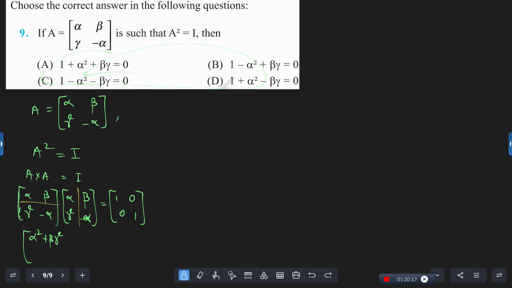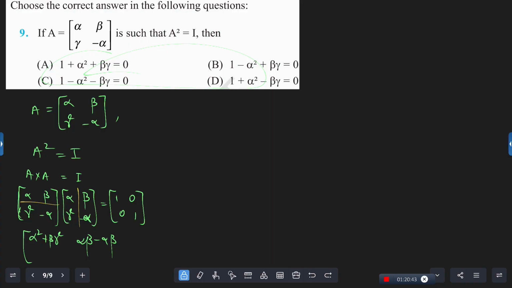Same row with the second column. So what will you get? Alpha into beta, alpha beta. Beta into minus alpha, minus alpha beta. Minus alpha beta over. And the second row you take and multiply with each column. Gamma into alpha, alpha gamma.